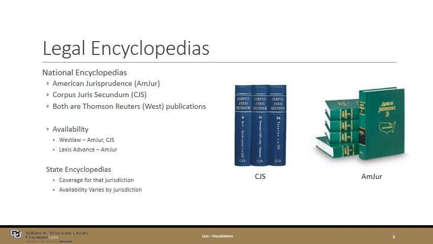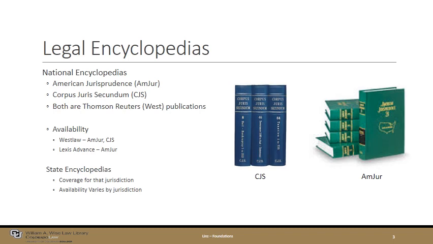They're both also Thomson Reuters or West publications. So they incorporate elements of the West Digest system and references typically to West publications. Having said that, that means they're available on Westlaw, but you'll find that AMJUR is also available on Lexis Advance. So if you're a Lexis user, you have access to AMJUR.